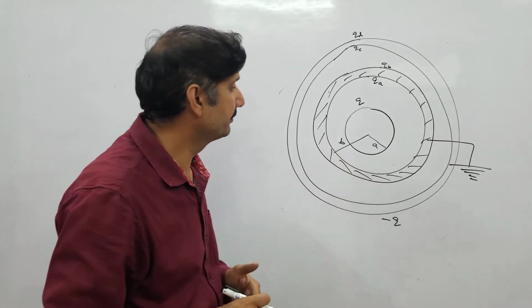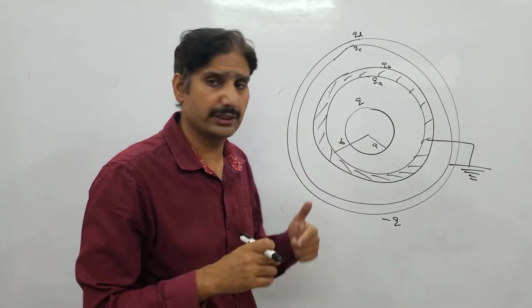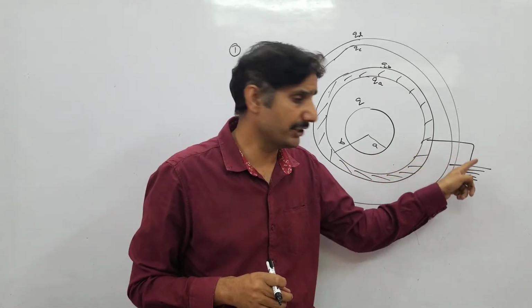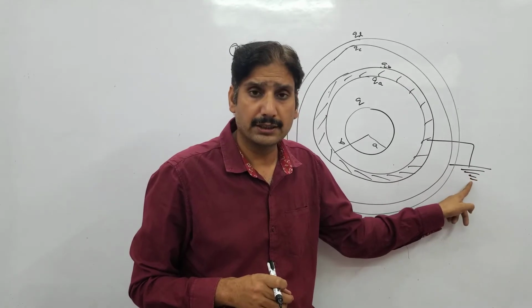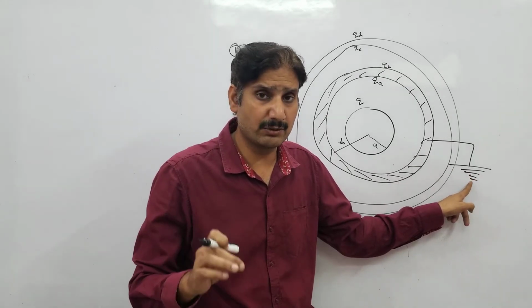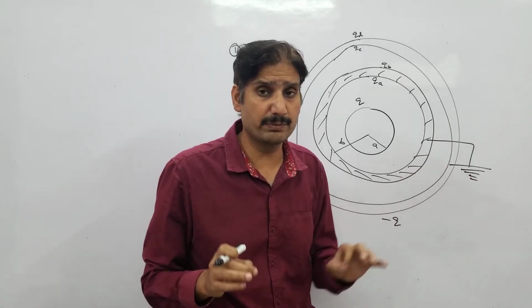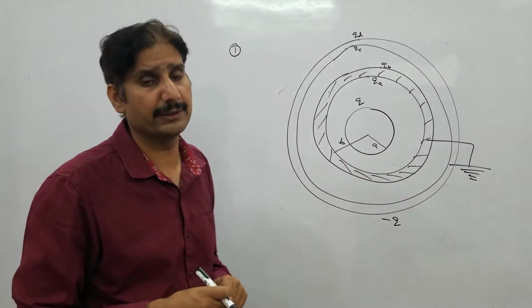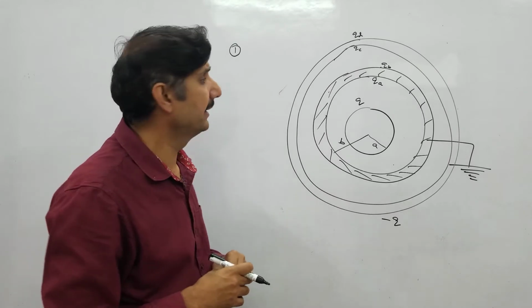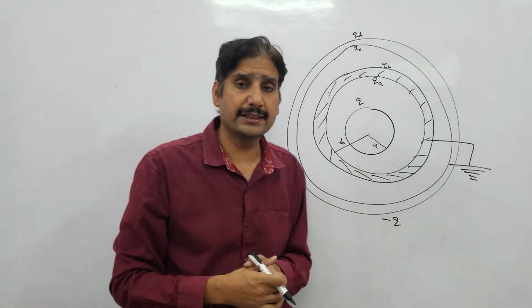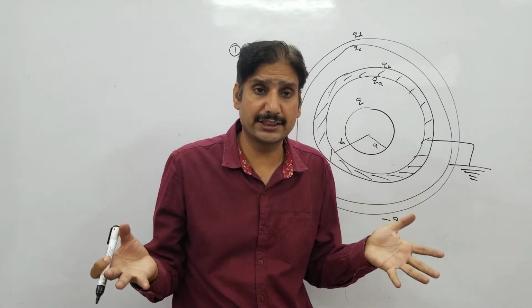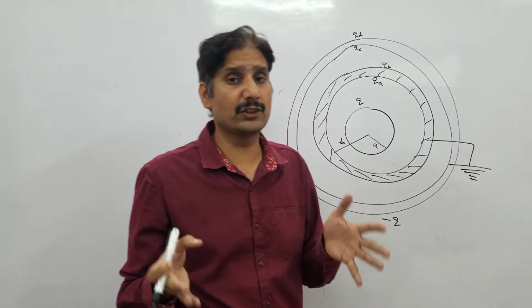The second point we should consider is that the electric potential on the shell which has been grounded must be zero. The ground potential always remains zero. This is the second point we need to apply. And the third is that since these are conducting spheres or concentric shells, inside the conductor the field is always zero.